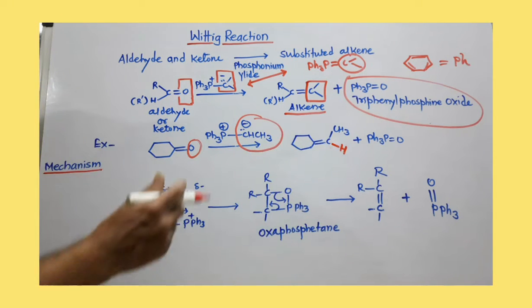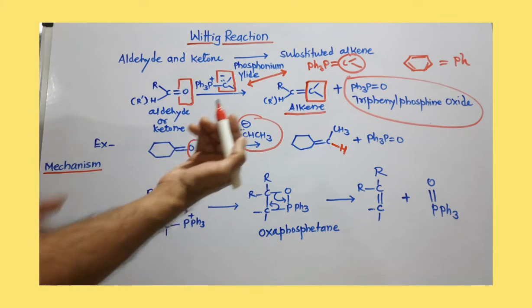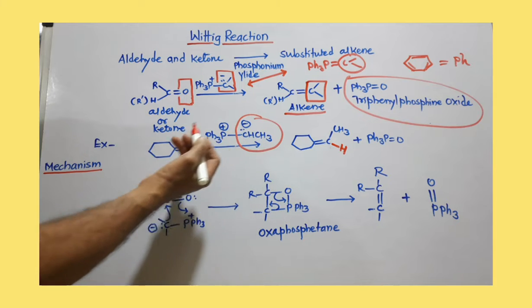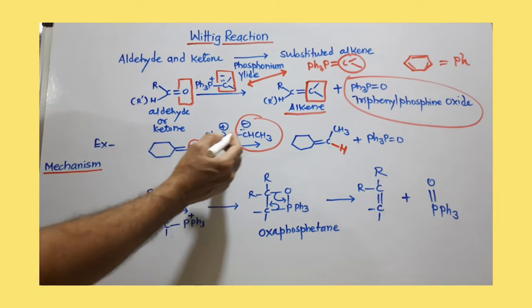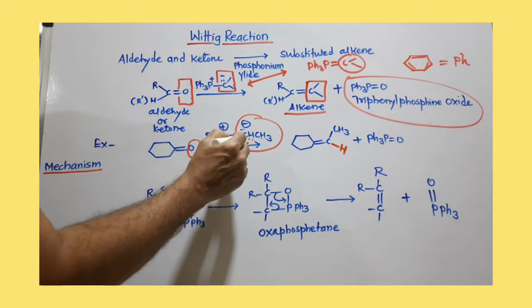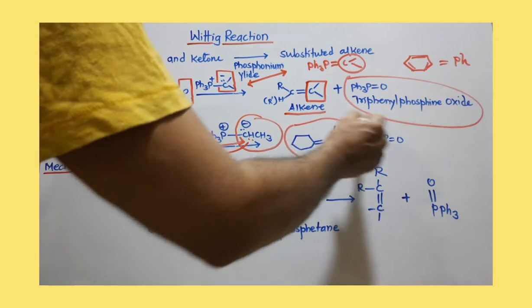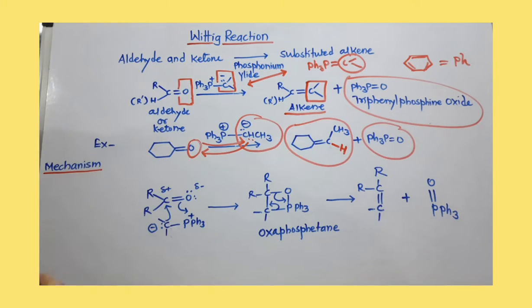I just exchange that part of the phosphorus ylide with the ketone. So oxygen is taking this position and this part is going here. So this exchange is actually taking place to get here the alkene and triphenyl phosphine oxide.